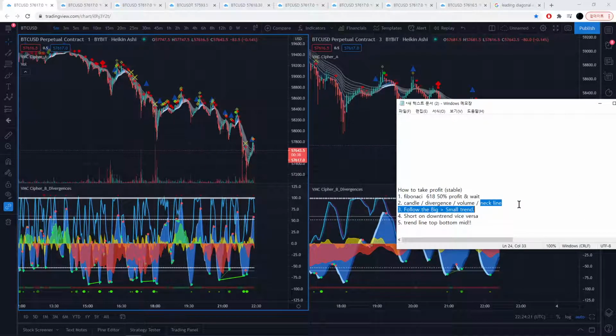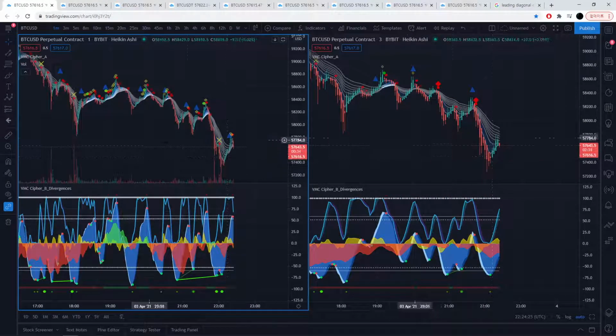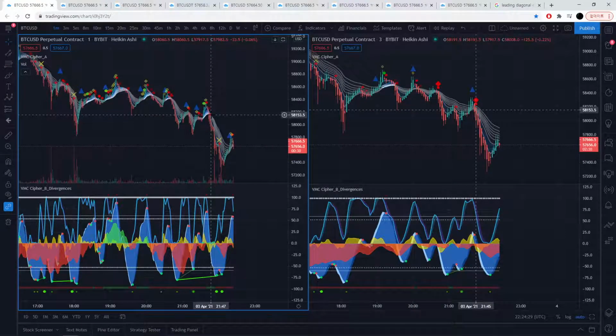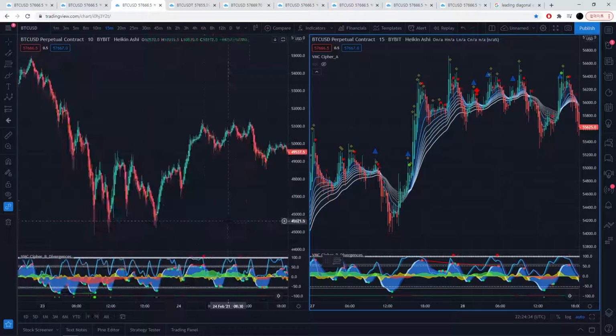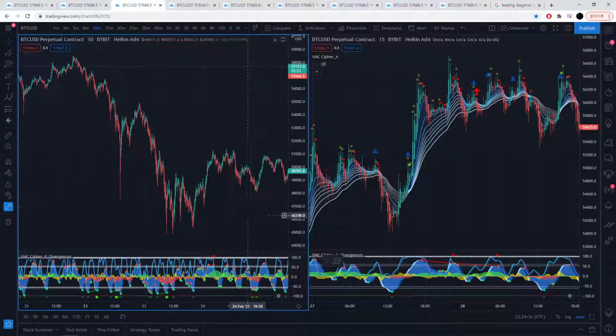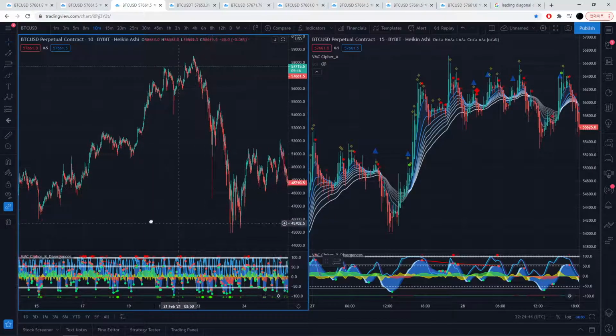Number four is neckline. Okay, so as you can see, there are some necklines here, here, and so on, where they would resist, they would support, and on a higher time frame, it works more. For example, you see there is a neckline right here, and the more necklines, the stronger.